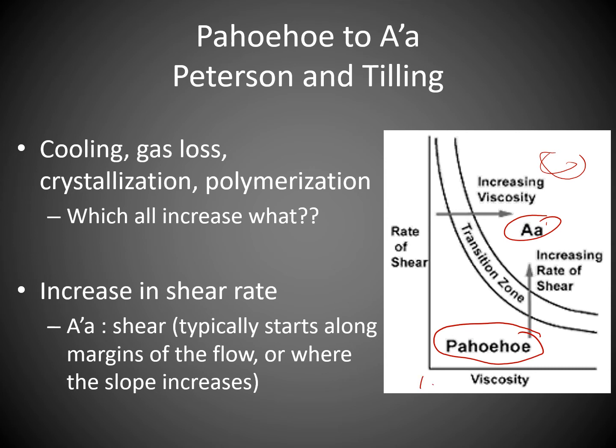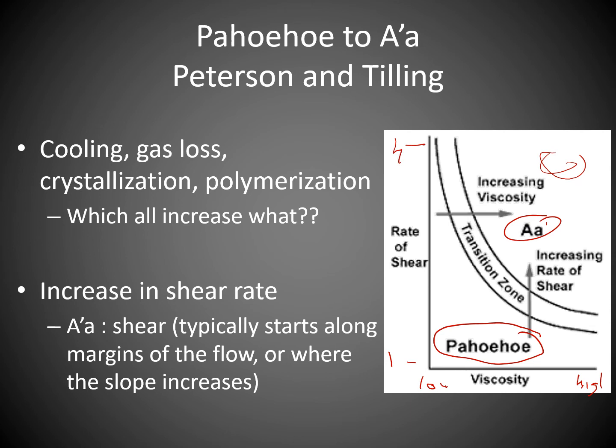So we have low viscosity over on the left, really fluid and runny. Higher viscosity over on the right, much more thick and pasty. And then on the y-axis, we have rate of shear. You can think of it as speed of flow. So you could also think of it as slope. So over here we have low slope or low speed, and up top here we have high speed or high slope.